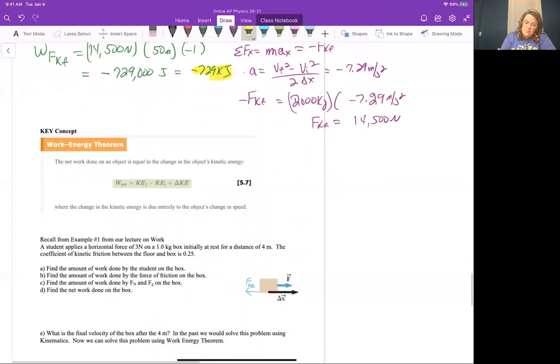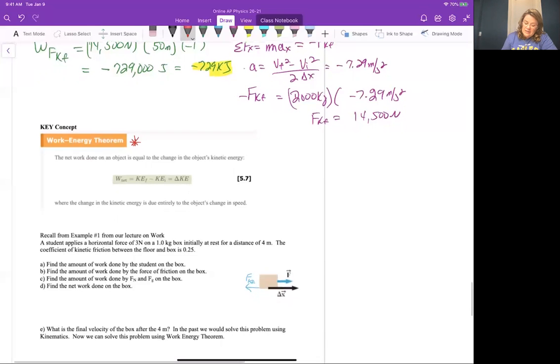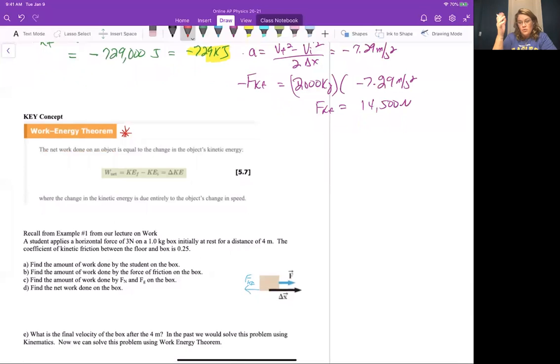This is one of the most powerful theorems in our physics journey, the work energy theorem. It's actually not listed on the green sheet or your equation sheet like this, but this is what the work energy theorem states.